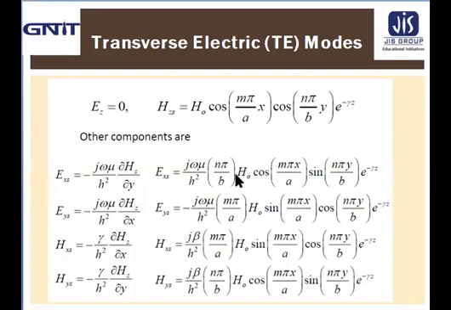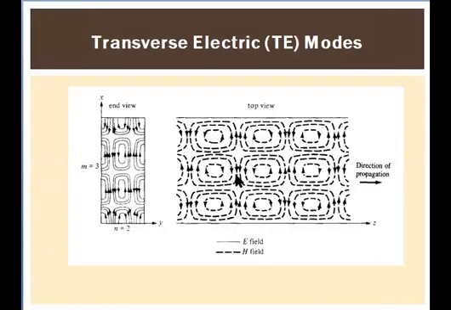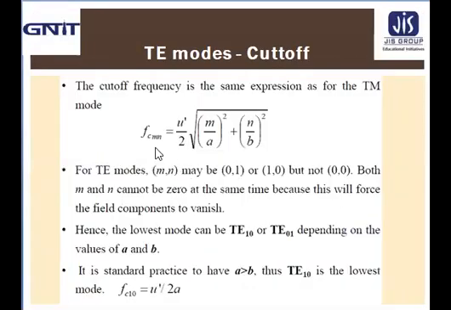equations. If we apply m equal to 1 and n equal to 0, then fc equal to u prime by 2 root over m by a whole square plus n by b whole square. That is the same expression as for the TM mode, and it is also applicable for the cutoff frequency of TE mode.